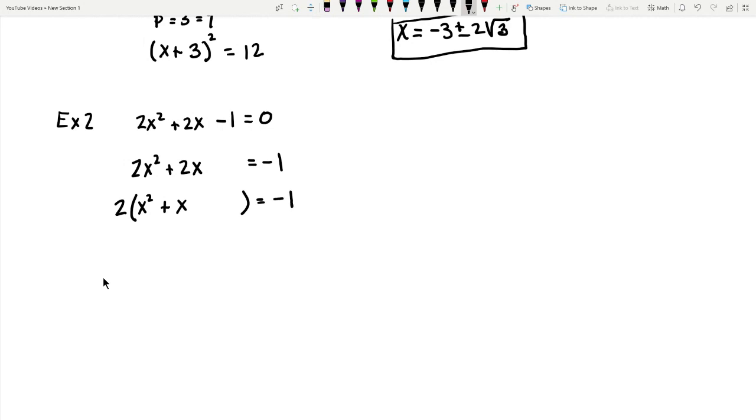Now at this point, if I want, I can divide the 2 out. However, if I don't want to have to deal with fractions as I'm going along, I might want to wait on that. Which way do I want to do this? You know what? Let's divide it out at this point. So I'm going to divide both sides by 2 because I'm solving the equation. So if I'm solving the equation, I can do that.